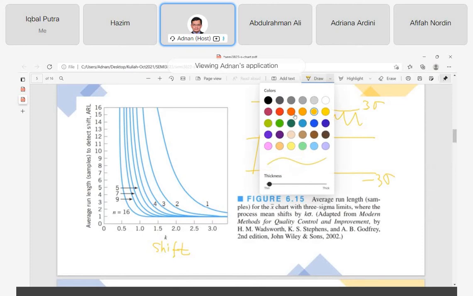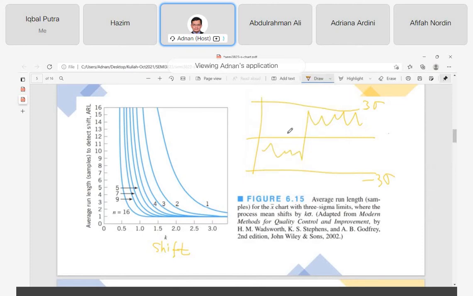We want to know how quick the control chart is to detect when there is a shift. There might be a shift of 0.5, 1, 1.5, 2, 2.5, 3. A shift of 3 means it is immediately out, so your control chart should be able to detect this.